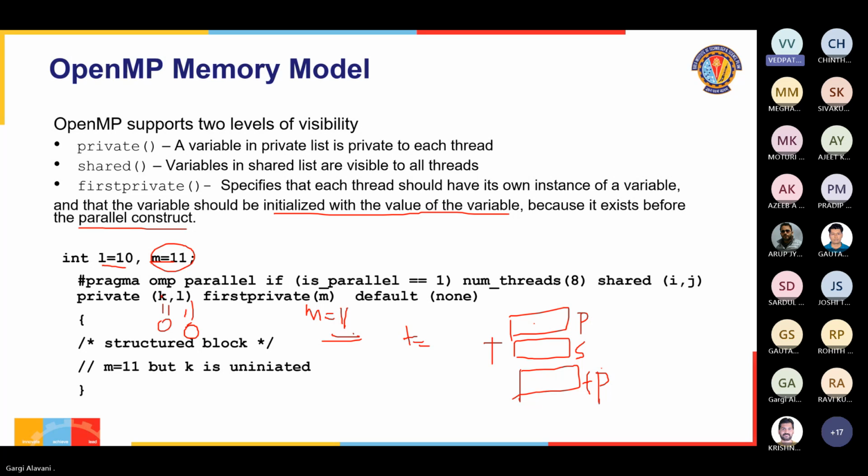When we say first private M, M's current value, which is 11 in this context, will be persisted, so every thread will get an M copy with value 11. That's the only difference. Does that help? I hope this is clarified.